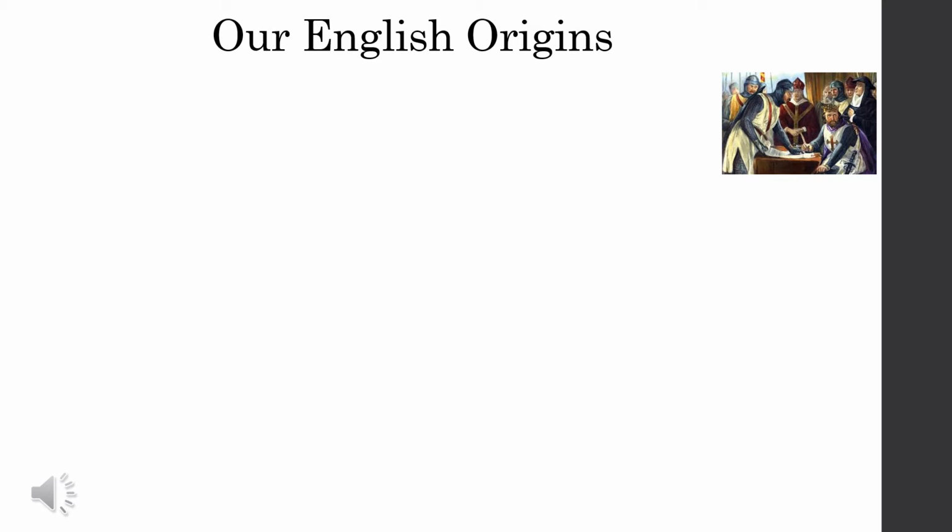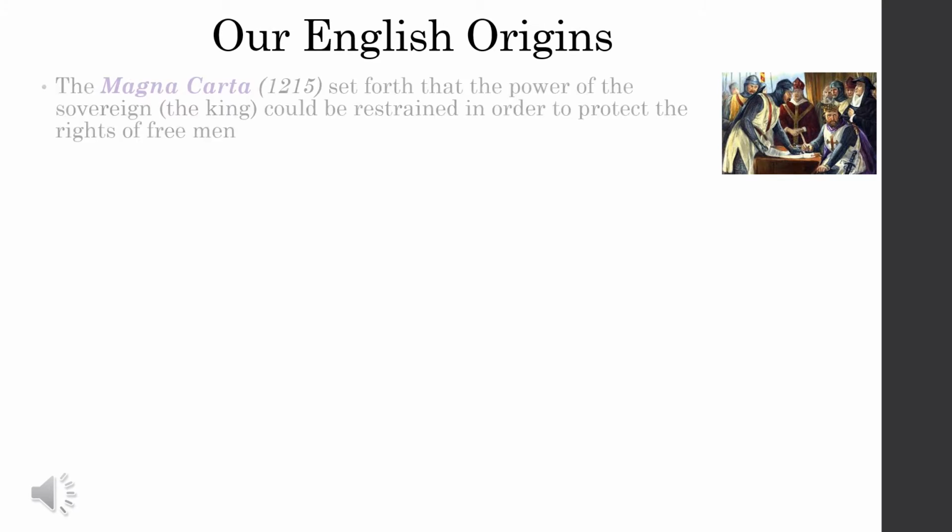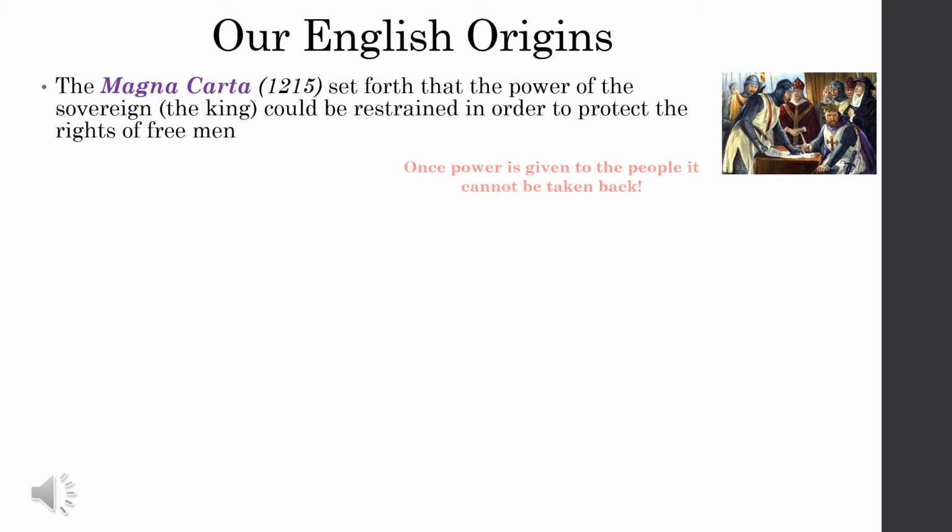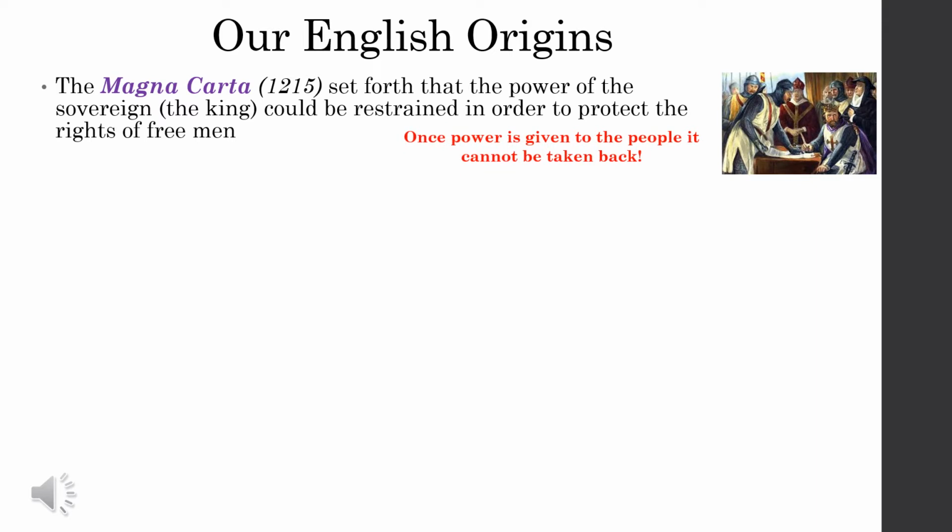To end this war, John had to sign a document called the Magna Carta, which set forth that the power of the sovereign, in this case the king, could be restrained or held back in order to protect the rights of free men. In other words, John agreed that once power is given to the people, it cannot be taken back. That is a cornerstone of American democratic life.